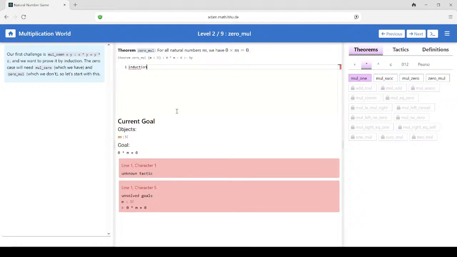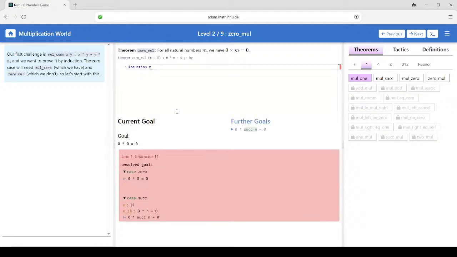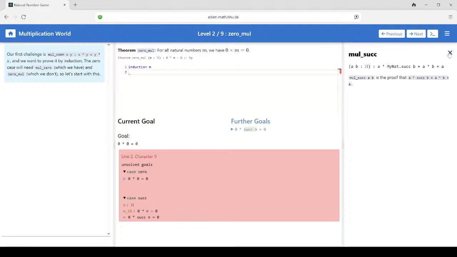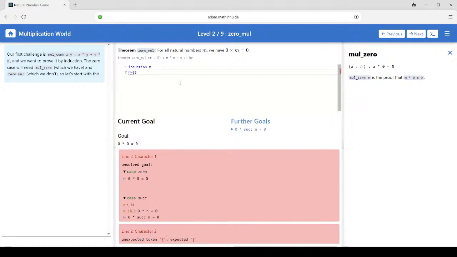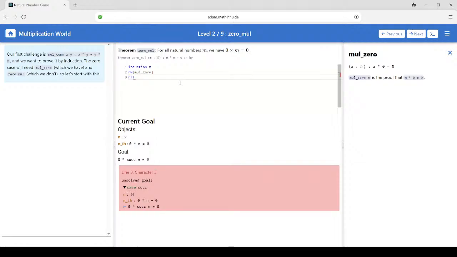Induction on m. So now, if it's 0, we know that anything times 0, we can use this first one, anything times 0 is 0. Whoops. That one's done, and now we need the case in which m is not 0.